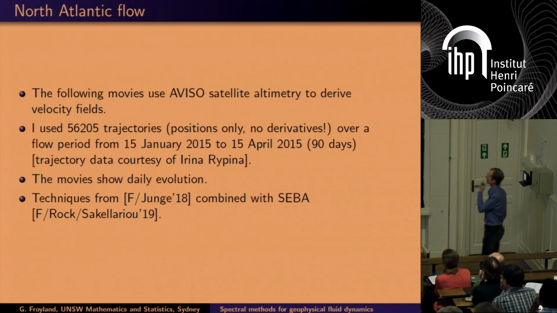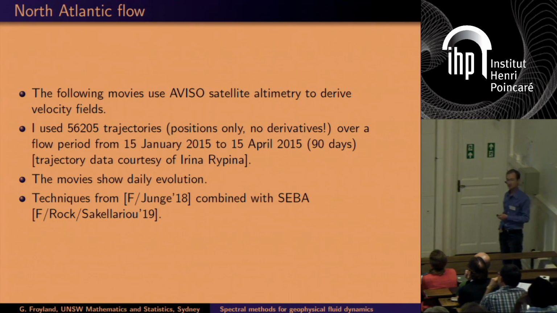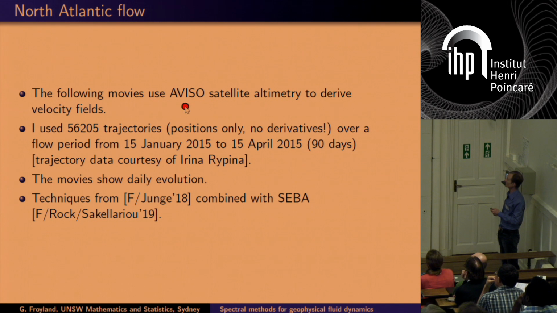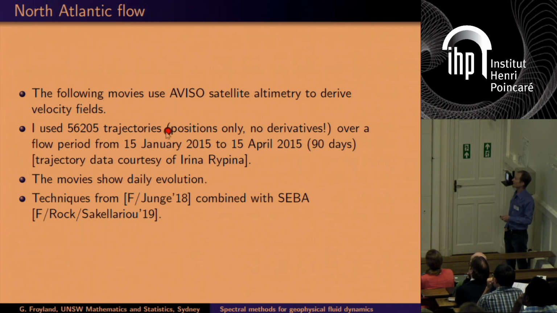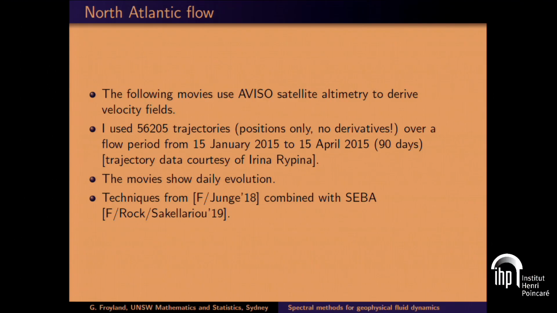Now I want to show how this works for a flow in the North Atlantic. This is again using satellite altimetry to derive the velocity fields. I'm going to use 56,000 trajectories. The trajectories were kindly provided by Irina Rypina from Woods Hole, and let me show you some movies.